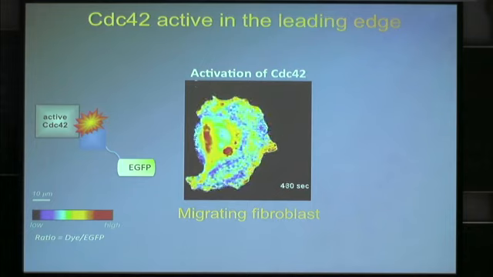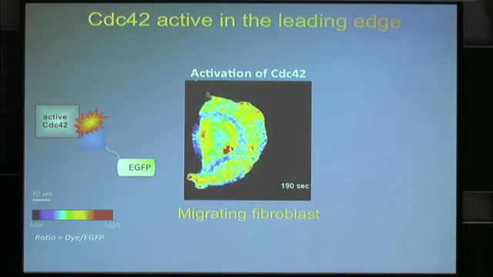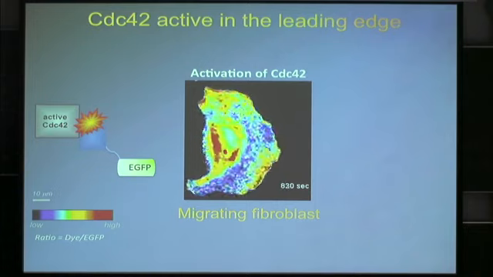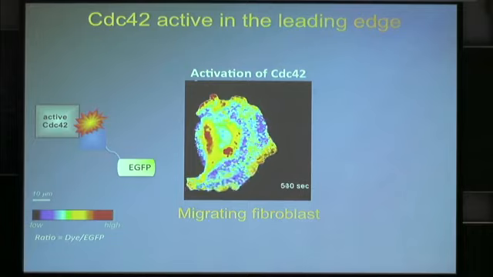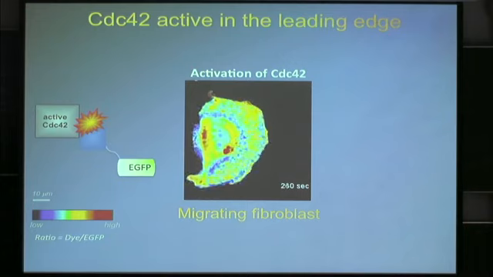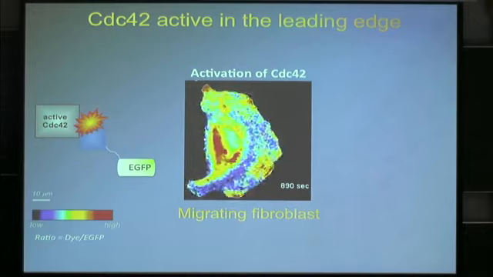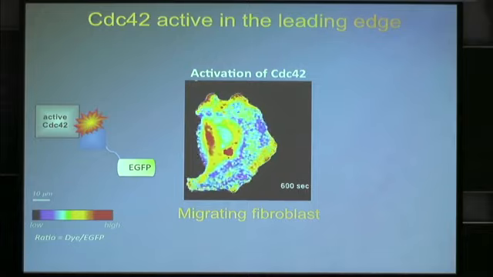What you get is that CDC42 is also active in those protrusions a lot, but it is also highly active inside the cell, and when we stained with markers, we found that it's active in the trans-Golgi region, which is important for basically the polarity of protein transport during migration.